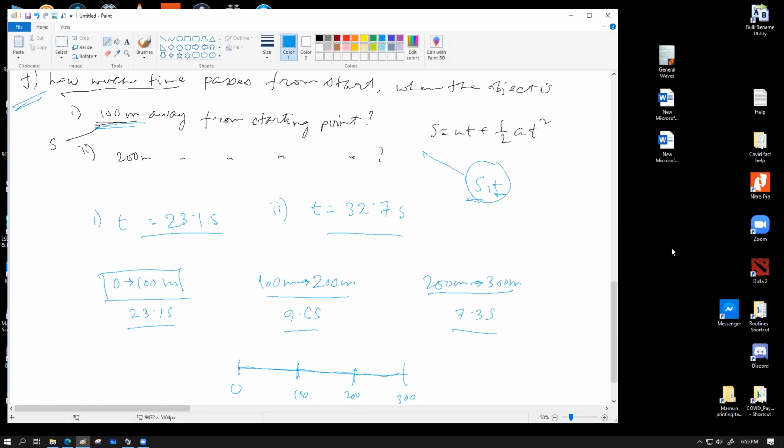AKM Sami, what you said is fine, but there is a bit of ambiguity in the wording. What you wrote: the time required for the object decreases for every 100 meters. This is good, but I require a bit more detailed version. This is not incorrect, this is correct. What I am trying to do is add two or three words to make it more specific. I would appreciate it in this way: the time required for the object.